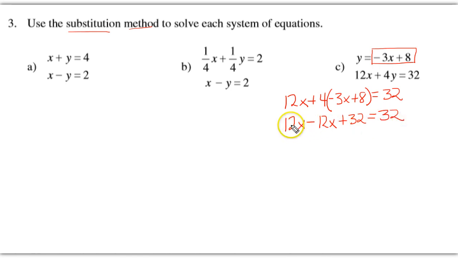Notice what happens. This cancels out and we get 32 equals 32. Now, when that happens, and you see that your letters eliminate, and you get a true statement, this is a situation where the graphs are going to be right on top of each other. So these are actually the same equations, this in slope-intercept form, this in standard form.